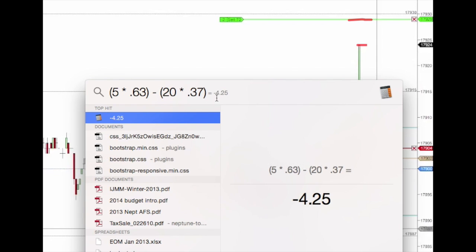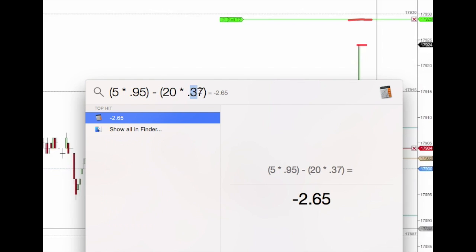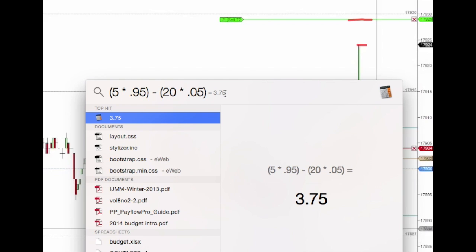And there's your answer. Let's fill in some numbers. Let's say you did have a 95% strike rate. If you have a 95% strike rate, for each trade like this you're taking, you're making on average almost 4 points. So if you have a 95% strike rate, yeah, you can take that trade.